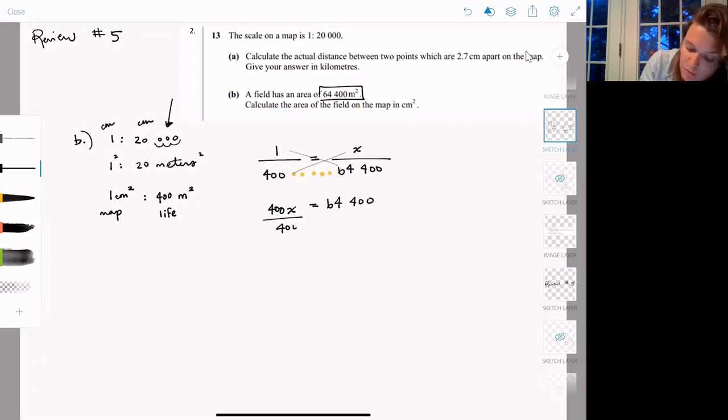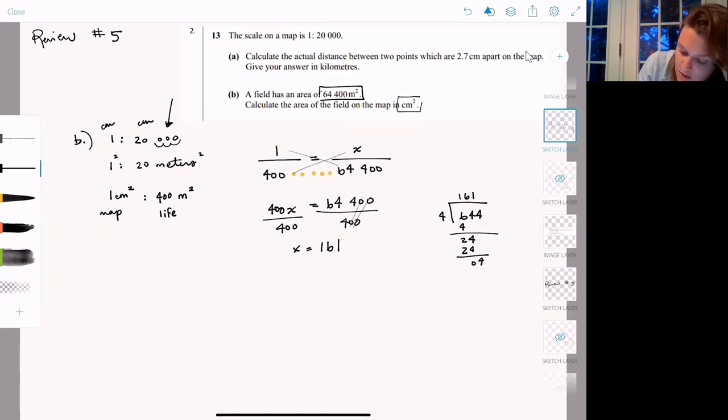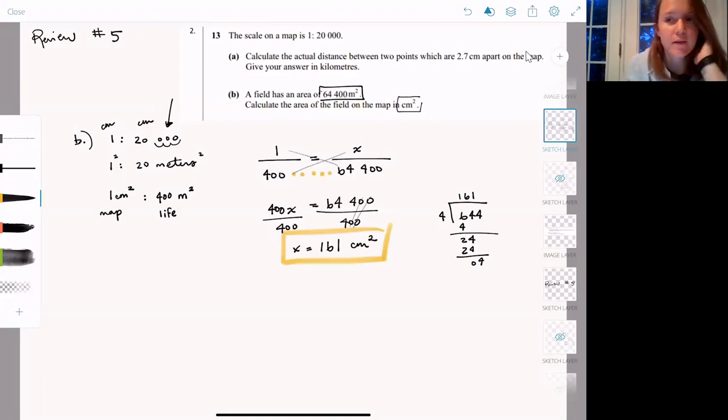And then divide both sides by 400. To make this a little simpler math, I'm going to knock out both of those zeros together. And then I've got 644 divided by 4 goes in once. So x equals 161, and it's going to be in centimeters squared. There you go on that one. Okay. The last one.